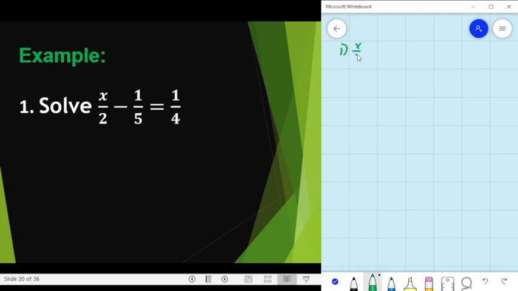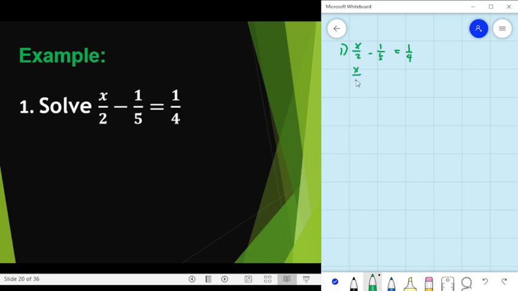Since we have different denominators, the first thing to do is to eliminate them. So what is the LCD of x over 2 minus 1 over 5 and 1/4? The LCD would be a number that can be divided by 2, 5, and 4. So what is the number? The number is 20, right?